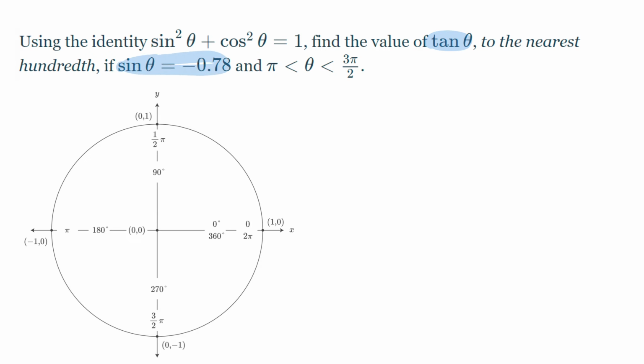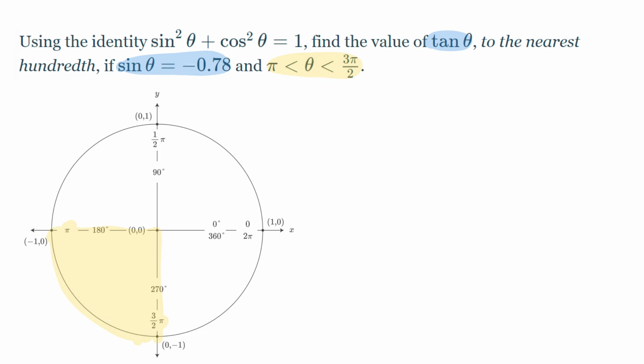If sine is this, and we are in between pi and 3/2 pi. Well, here's pi. Here's 3/2 pi. So we are talking about the third quadrant here. So right away, in the third quadrant, tangent is always positive.